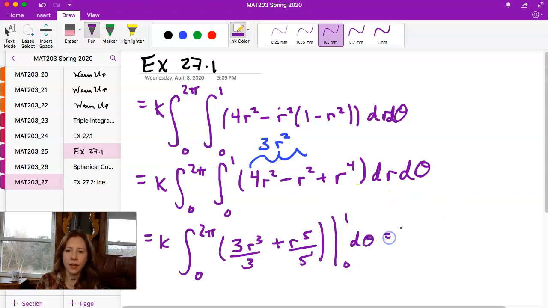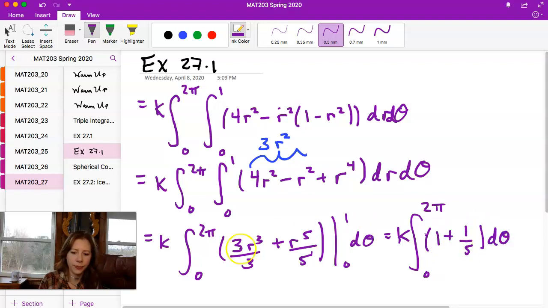And so this is going to give us k times the integral from 0 to 2 pi of 1 plus 1 minus 0, 1 plus 1/5 minus 0, d theta.